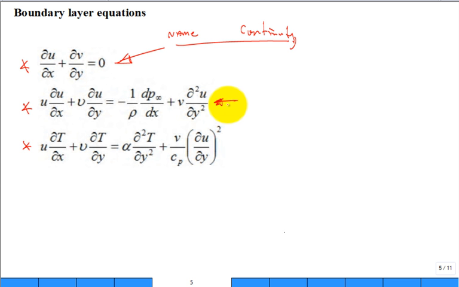Because if you think about it, there's a lot of action happening in the x. The fluid's coming in and then dramatically slows down as it's flowing over the surface. And because of the gradient, u is changing as a function of y, we have viscous transfer of momentum. So this is linear momentum in the x direction.